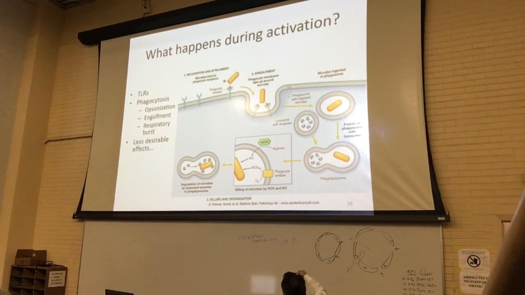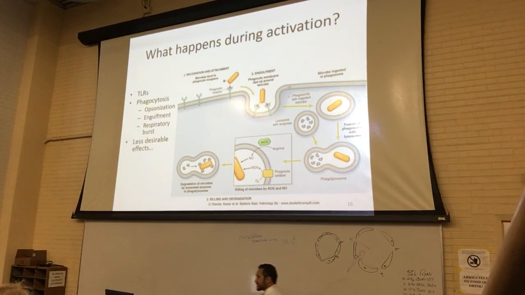Now, this picture right here is showing you at the molecular level what exactly is happening to kill that bacteria. And in the last lecture, we talked about the harmful activity of free radicals, reactive oxygen species. Do you remember that?